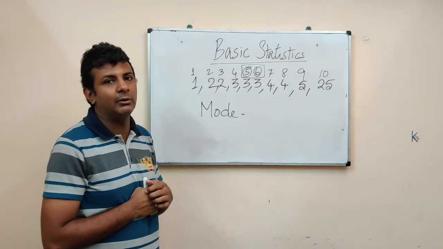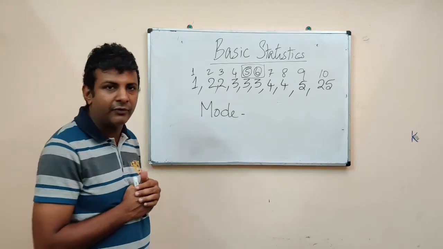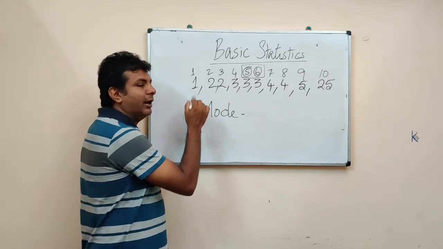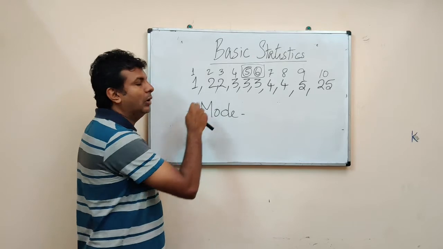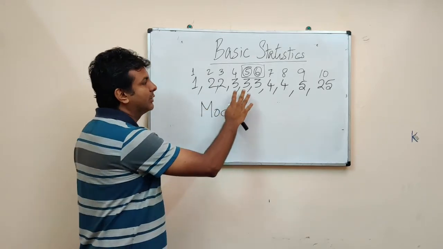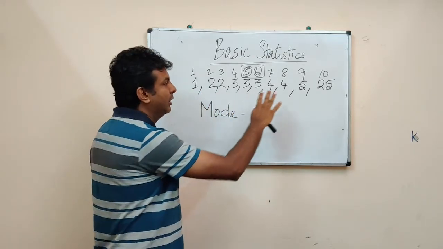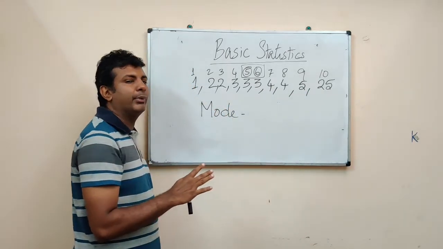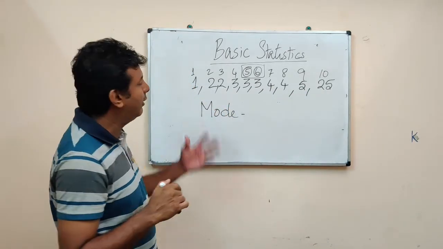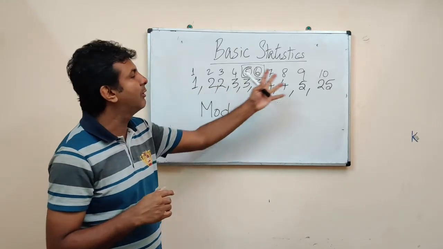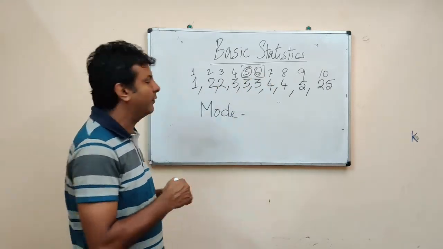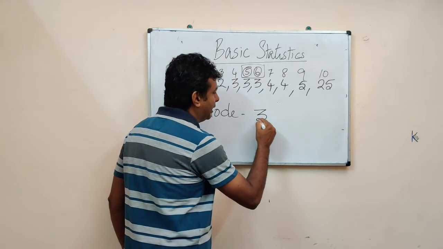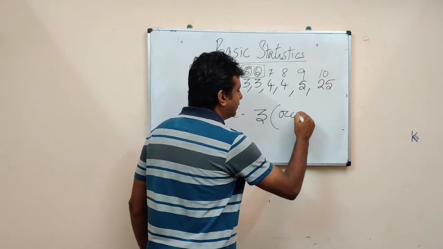Here, 1 appears only once, 2 appears twice, 3 appears thrice, 4 appears twice, and 5 and 25 appear only once. Now it is very clear what the mode of the set is. The mode of the set is the value 3, which occurs 3 times.